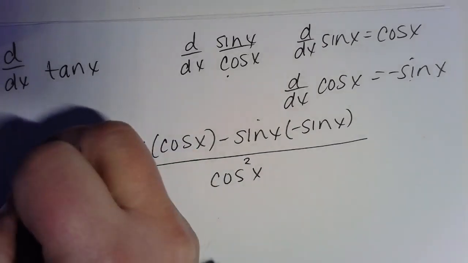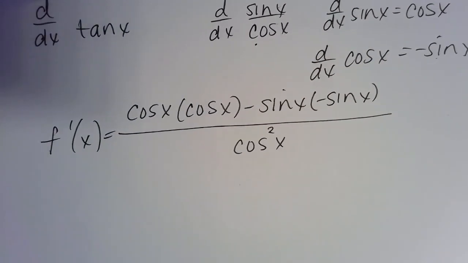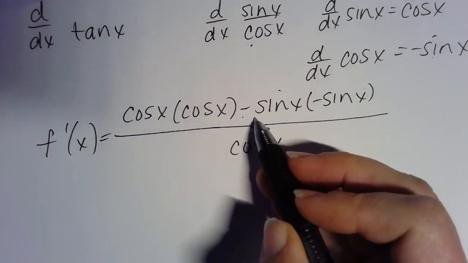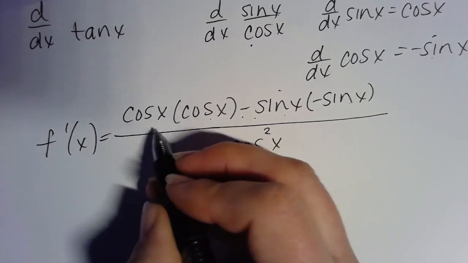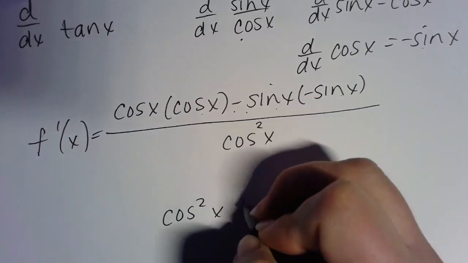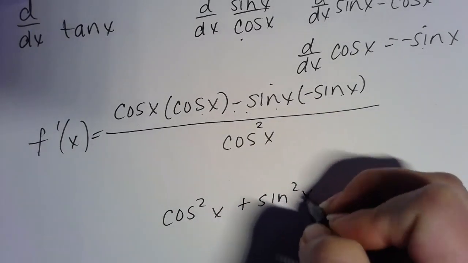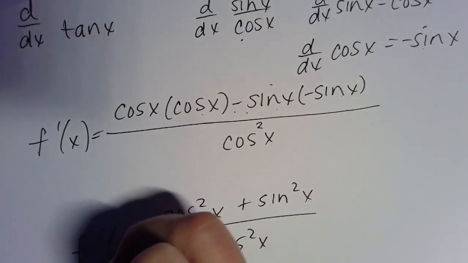Okay, so I'm just going to call this f prime of x equals, I don't like it just floating around. So on the top, this is minus sine times minus sine. So really this is cosine times cosine, so this is cosine squared x, and then this will be plus sine squared x over the cosine squared of x. Here's my f prime of x.